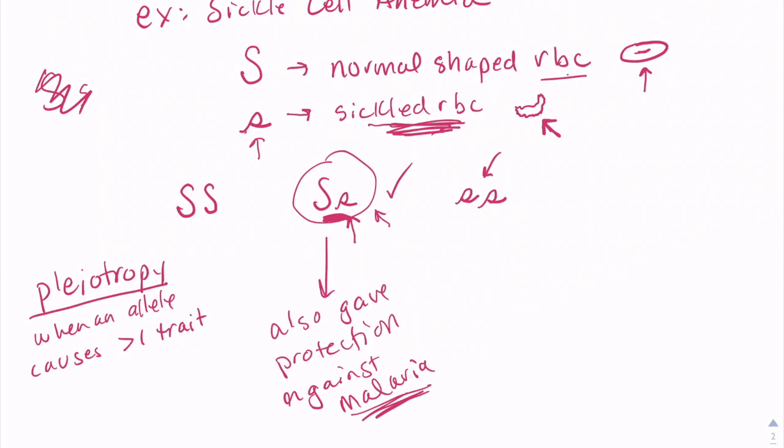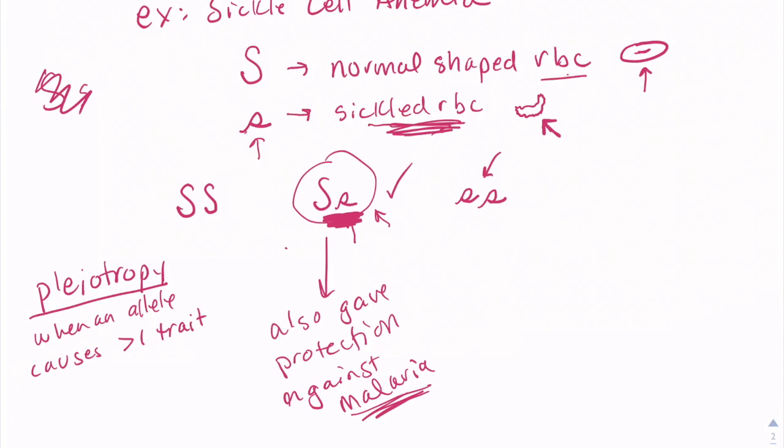Malaria is a very serious disease, and people can die of it. People still die of it. So it's very advantageous to have some natural protection against malaria, and so this faulty allele remained in populations where malaria existed.